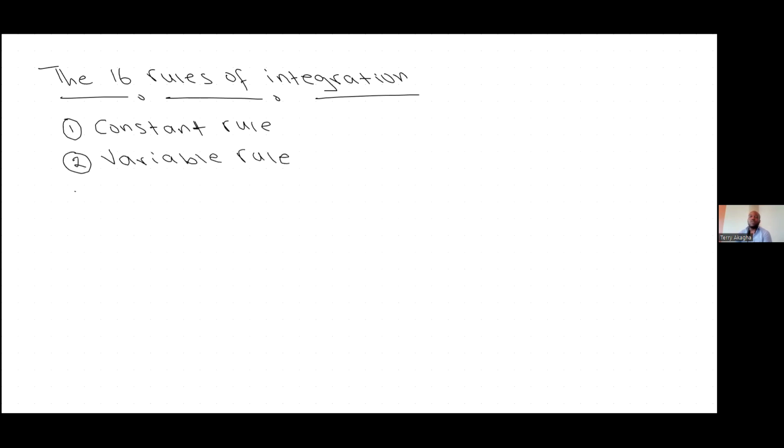The third rule is what we call the square rule. The fourth rule is what we call the reciprocal rule. Okay. The fifth rule is what we call the exponential rule.